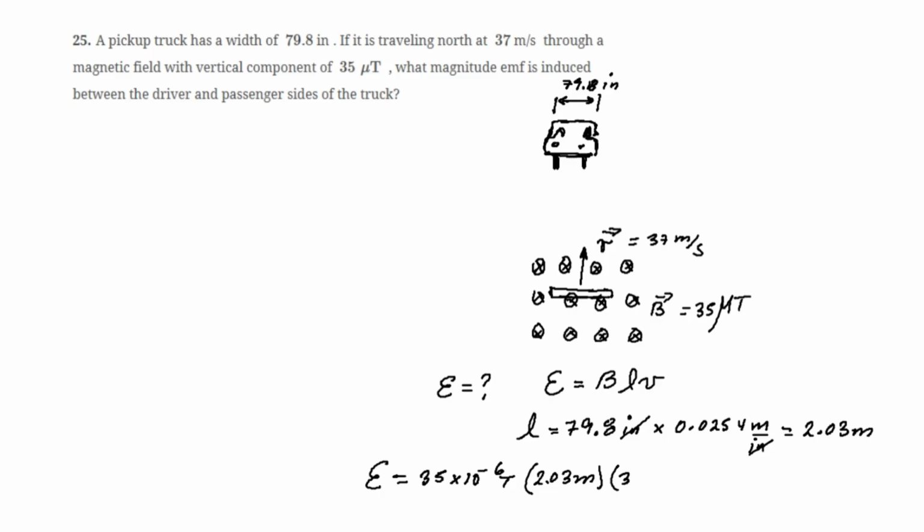And when you calculate all that, it gives you 2,630 times 10 to the negative 6 volts, which is 2.63 times 10 to the negative 3 volts, which is 2.63 millivolts.